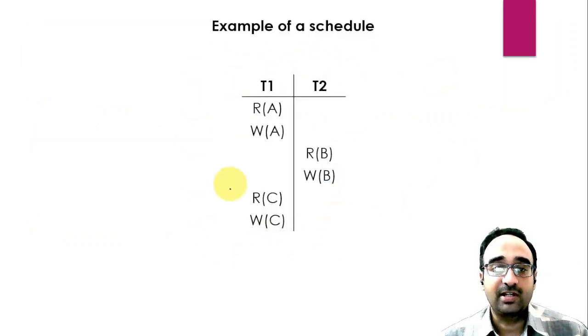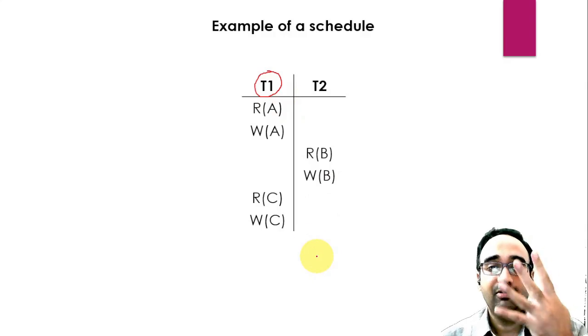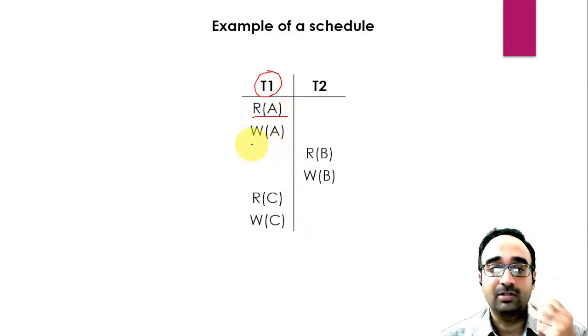So this is an example of a schedule. You have already seen this in the initial video. How many transactions are there in this schedule? Two: transaction 1, transaction 2. How many operations are being performed by transaction 1? Four: 1, 2, 3, 4.